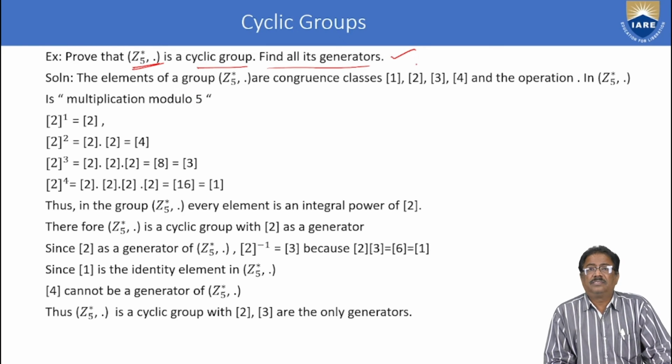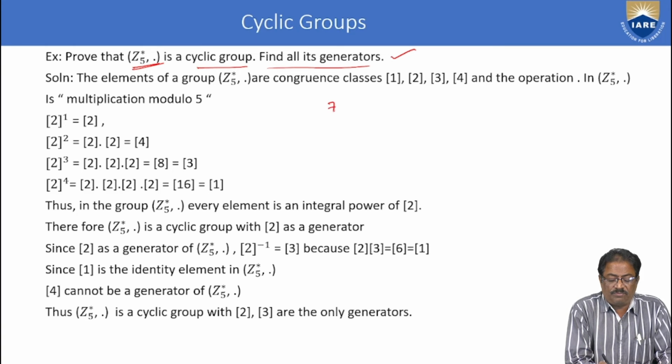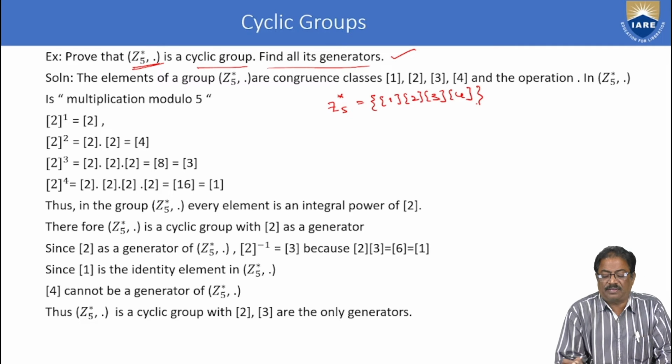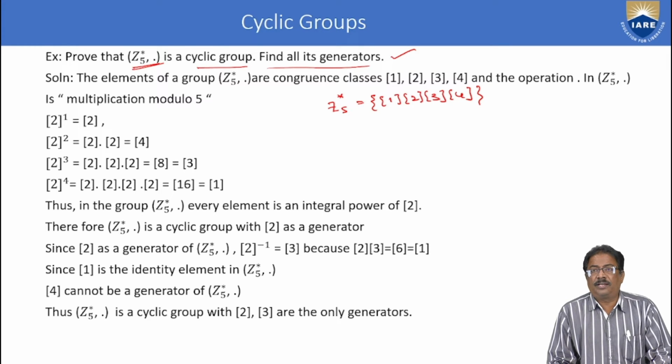Z5 star consists of the multiplicative modulo 5 elements 1, 2, 3 and 4. These are the elements in this set. Now we have to verify under multiplication modulo 5 whether it is a cyclic group or not.